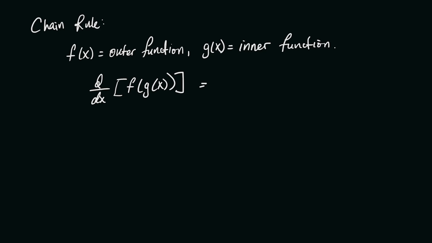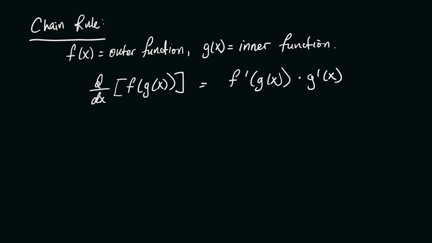It's just equal to f prime of g of x, the g of x stays the same, times the derivative of g of x, right? So that's what the whole entire point is.